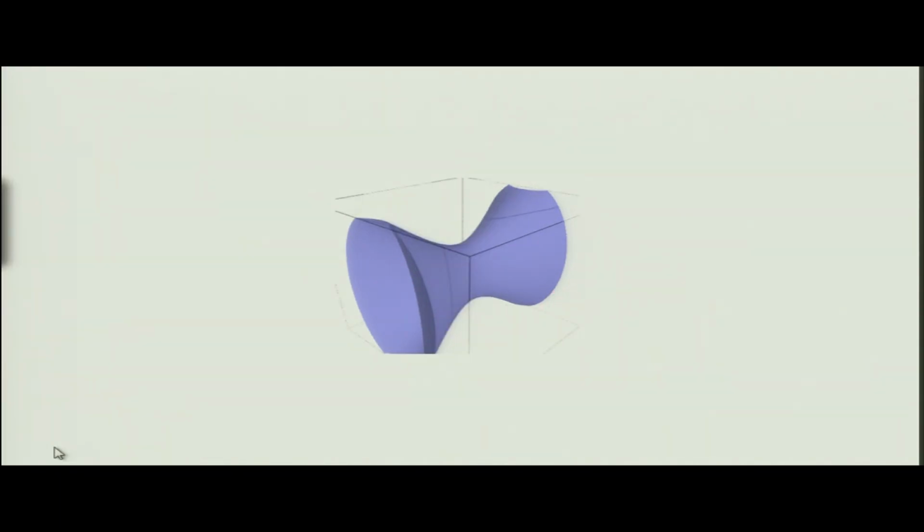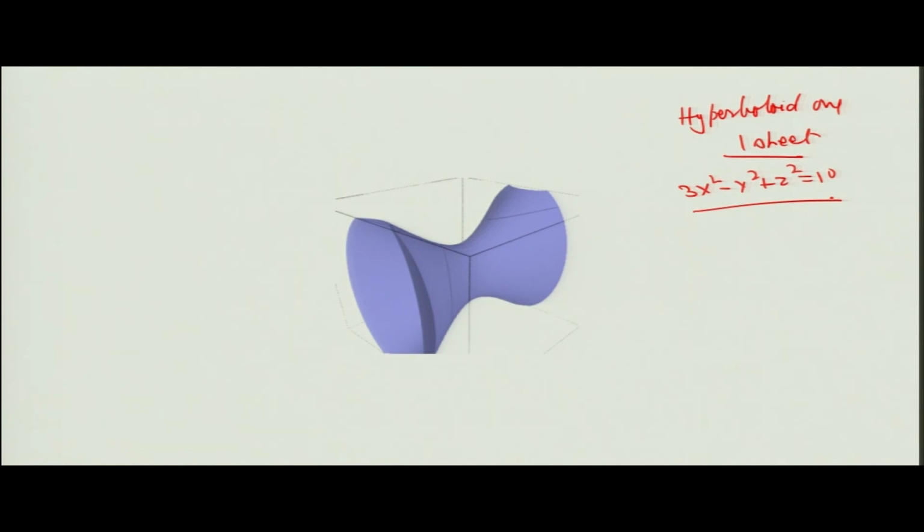And the last one is the hyperboloid of one sheet. So, let me add that equation. Here the equation is 3x square minus y square plus z square is 10, the same thing that I wrote.